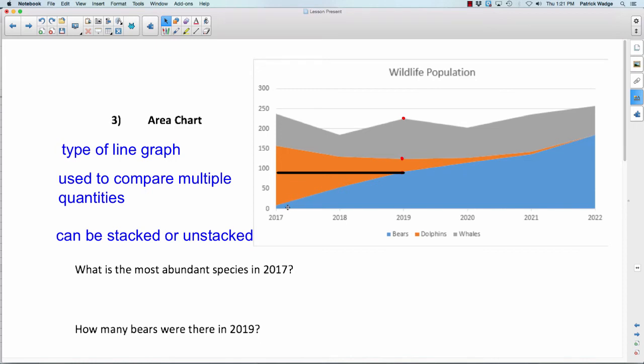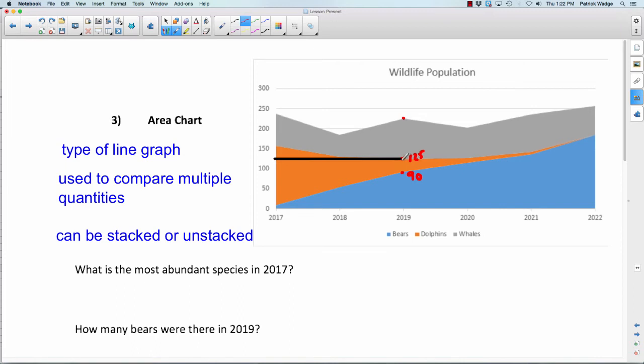But let's imagine this is stacked again. So this is just like what we did in the last question. You could start by getting this amount, which would be exactly the same. What did we say for the bears? We said around 90 million. Now, for the dolphins, we'd go up to here, and we said that was 125, right? But if it's stacked, that doesn't mean that there's 125 dolphins. That means the number of dolphins is the number that takes you from 90 up to 125.